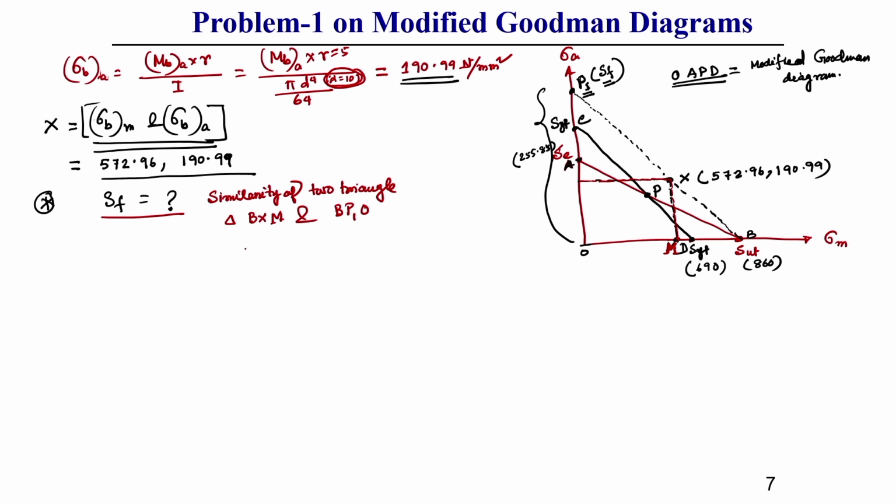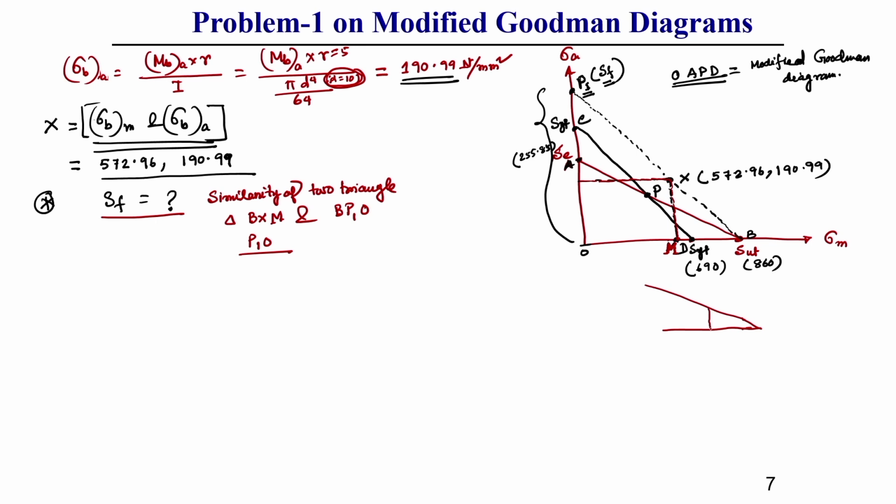We can write P1O divided by, that means base by base ratio, the perpendicular by perpendicular ratio, because these two triangles are like this.